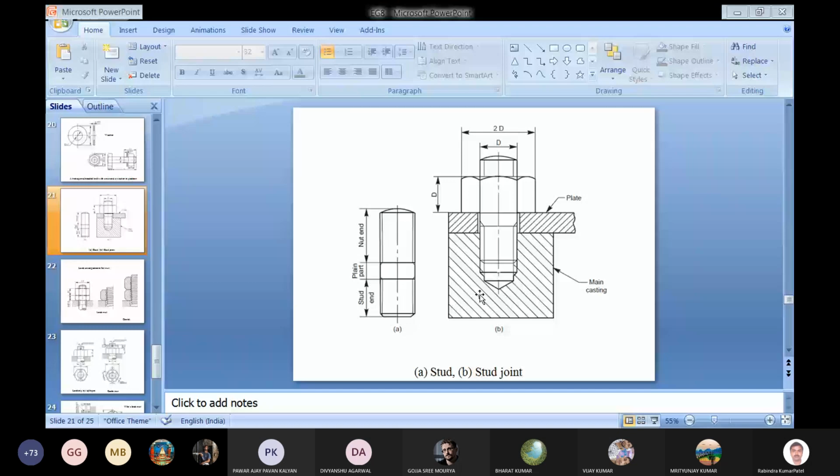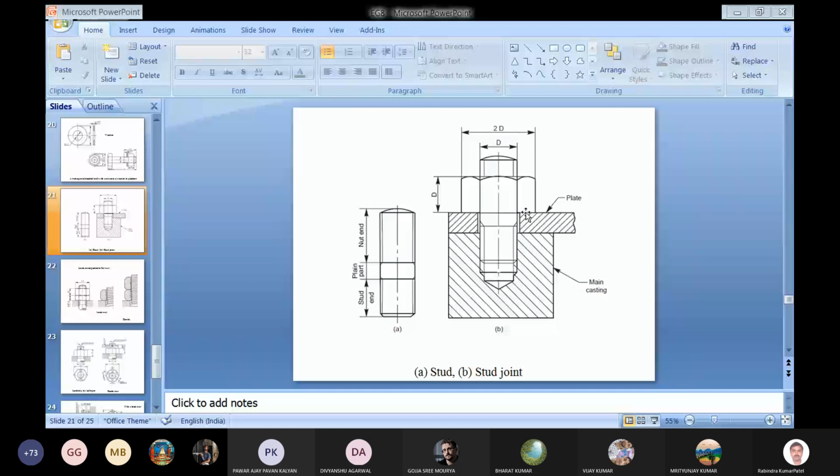Like here, if we fix the stud once in the main casting, we don't have to rotate or remove it from the main casting. We can just loosen the nut, remove this part and remove the plate. In this way we can disassemble the part without taking out the stud from the main casting.